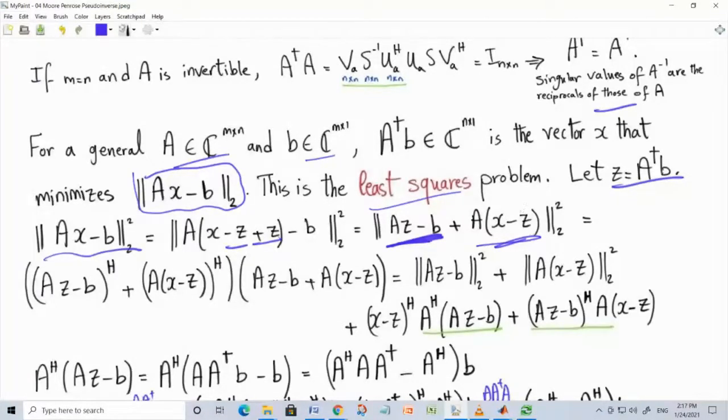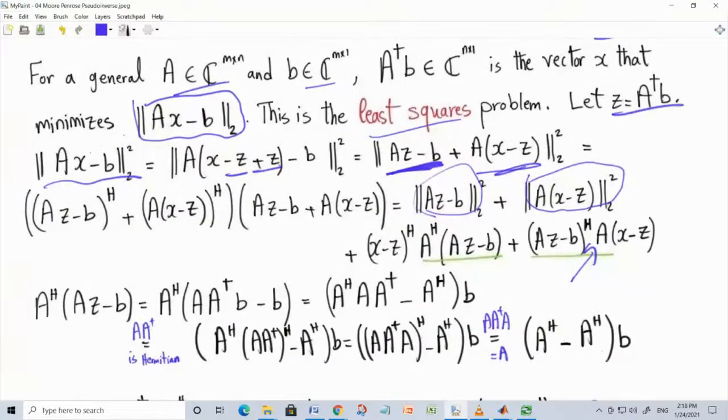So basically the L2 norm squared will be the L2 norm squared of the first vector, the L2 norm squared of the second vector, and the cross terms, which will be basically the inner products. So this will be (X minus Z) Hermitian, A Hermitian, (AZ minus B), and its Hermitian.